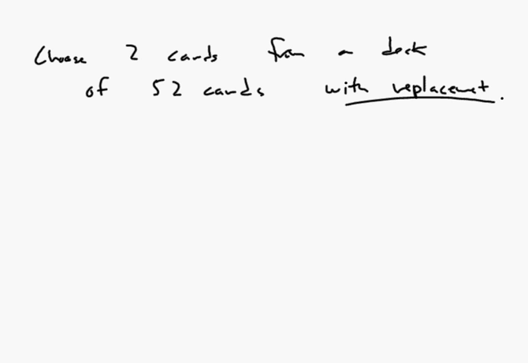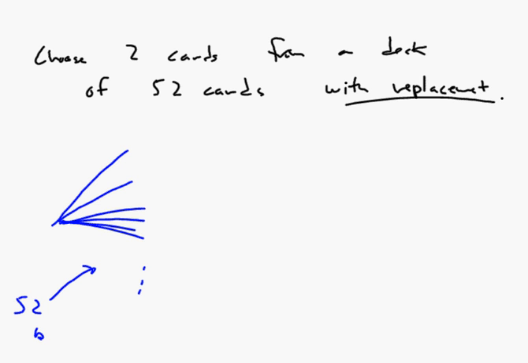Okay? So when we give this some thought, we realize that the first time we go to pick a card, there's lots of possibilities, right? There's 1, 2, 3, 4, 5. Uh-oh. There's going to be 52 branches. Okay? Got that?